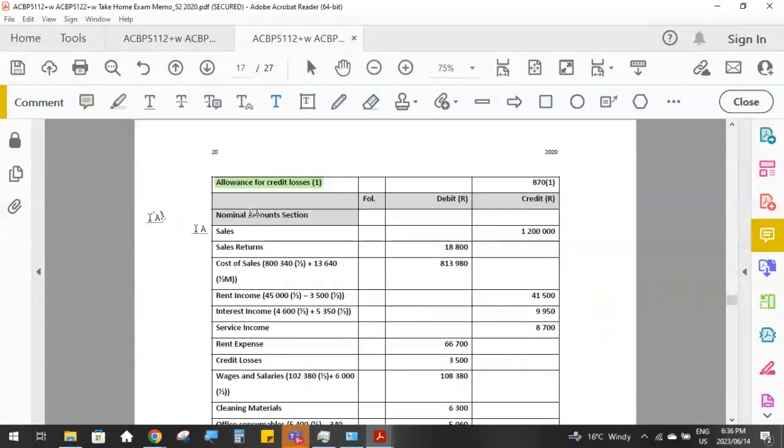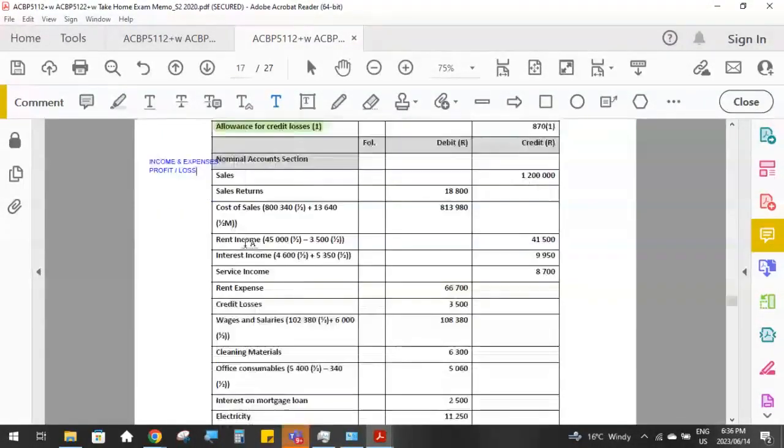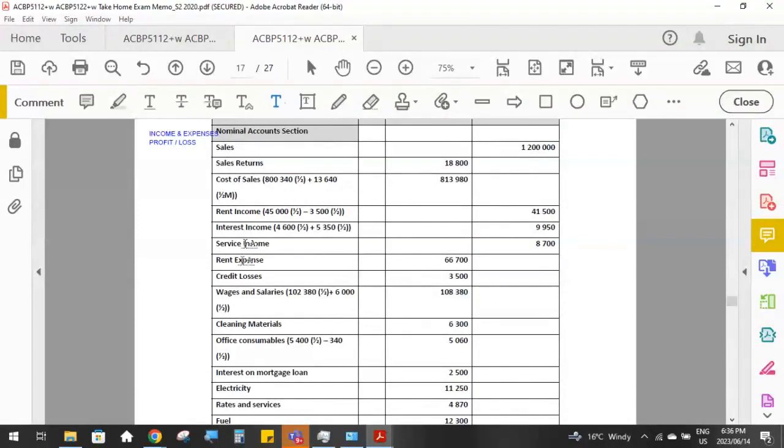And the nominal accounts section are all of our income and expenses, which is the section where we work out our profit or loss for the year, because income minus expenses is equal to our profit or our loss. So all of these accounts are then income or expenses.